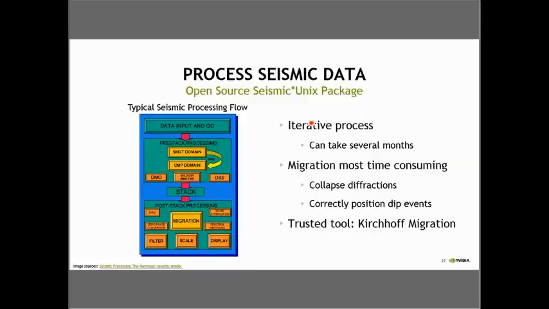Before I forget, I want to let you know that we did this not only on Intel-based systems with GPUs attached, but we also took this entire Seismic Unix package and ported it to an OpenPOWER system, an early version with GPUs, and early versions of the NVIDIA Portland tool chain. We did a recompilation, and there are many modules in this package. Two of them caused our compiler to segfault.